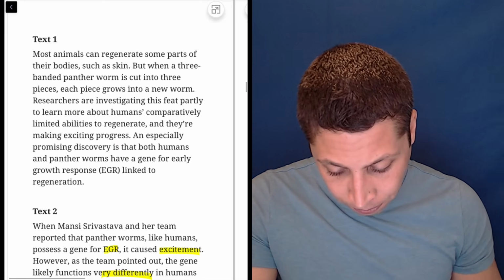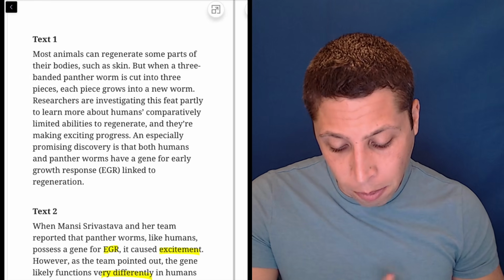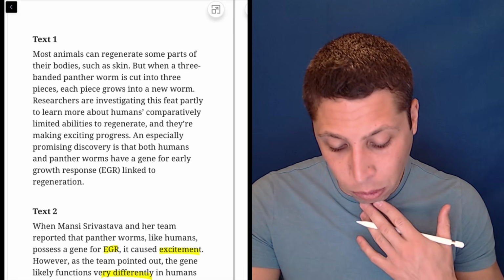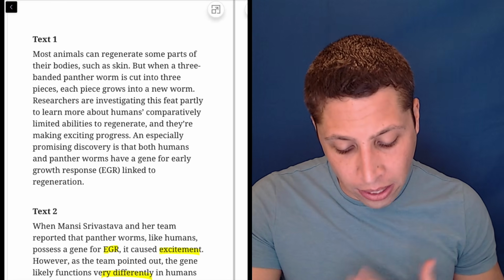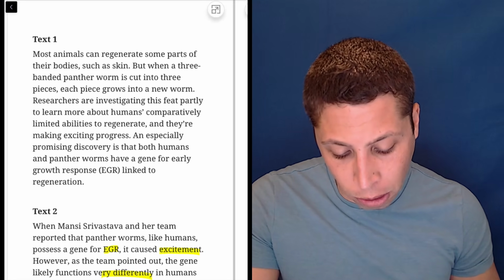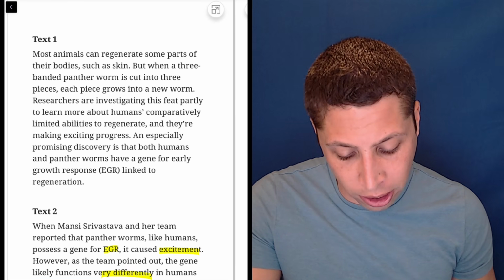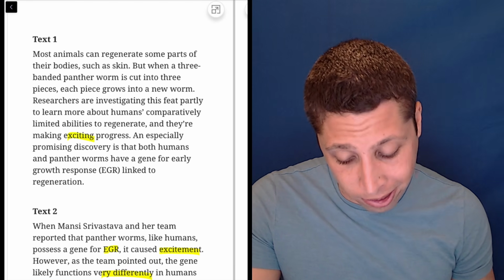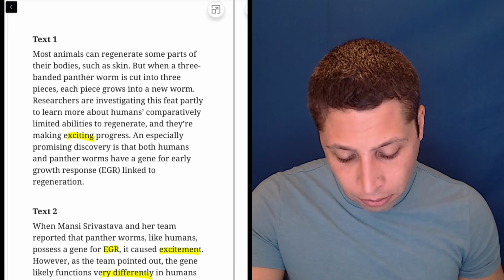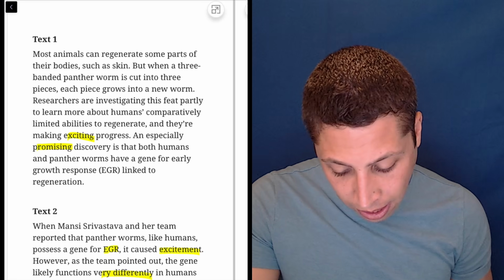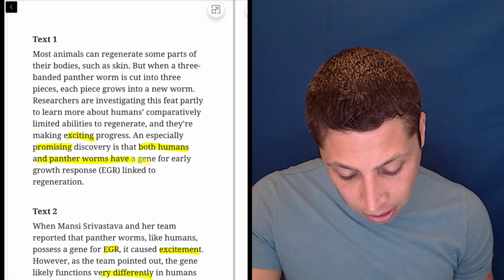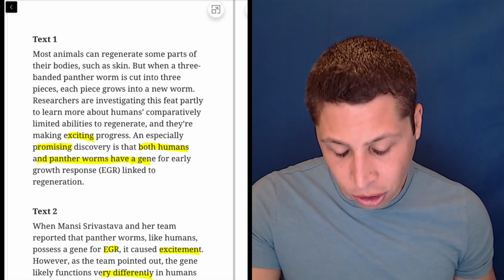So, okay. Most animals can regenerate some parts of their bodies, such as skin, but when a 3-banded panther worm is cut into 3 pieces, each piece grows into a new worm. Researchers are investigating this feat partly to learn more about humans' comparatively limited abilities to regenerate, and they're making exciting progress. An especially promising discovery is that both humans and panther worms have the gene for early growth response linked to regeneration.